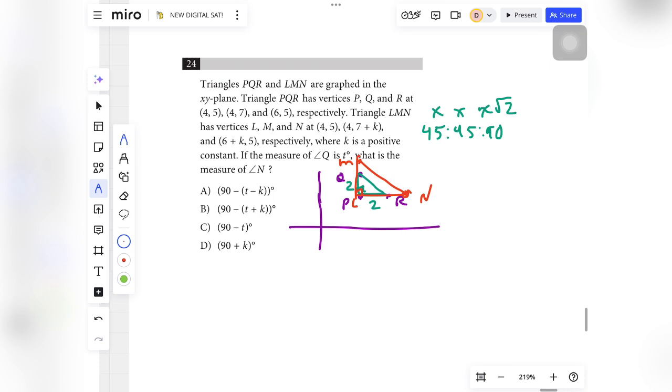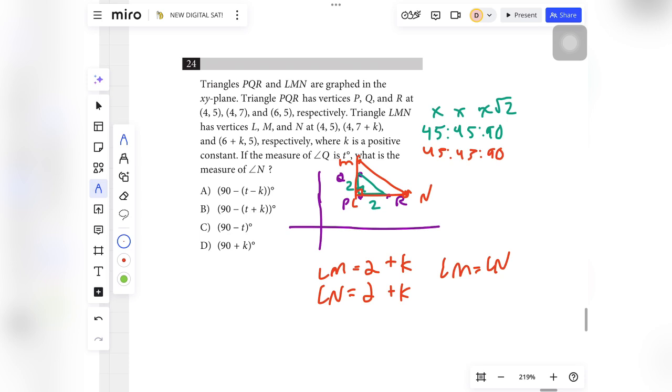What do I know about this triangle? Well, I know the distance from L to M is 2 plus whatever that k value is, and I know the distance from L to N is 2 plus k as well. That means that length LM is equal to length LN, regardless of what that k value is. That means we once again have an isosceles right triangle, 45-45-90, because the legs are the same.